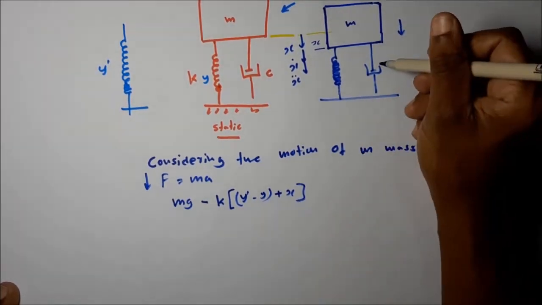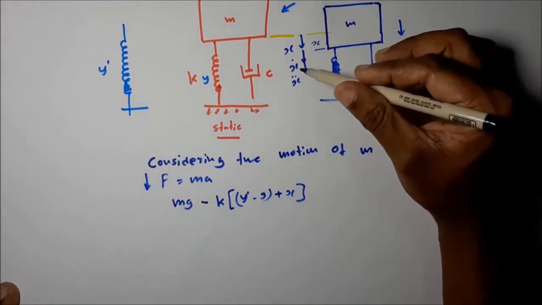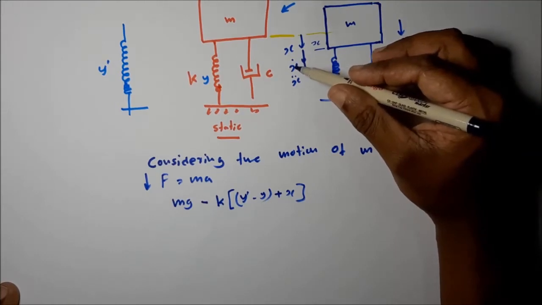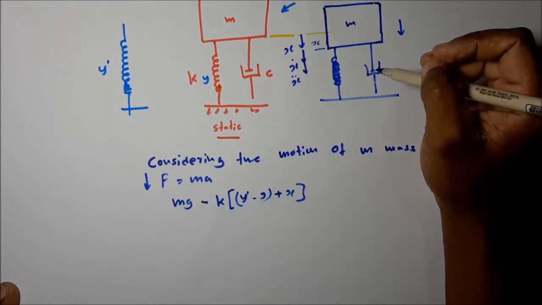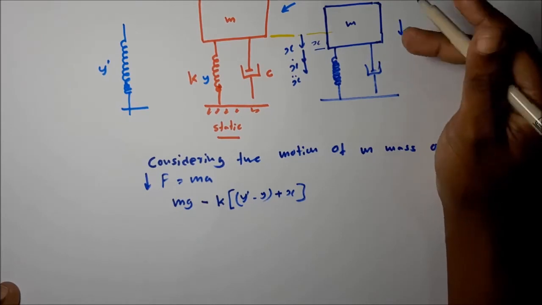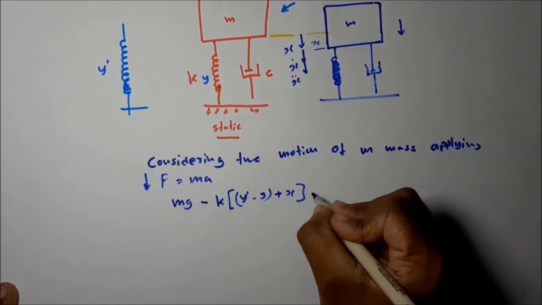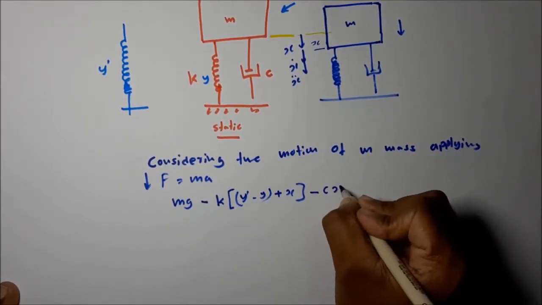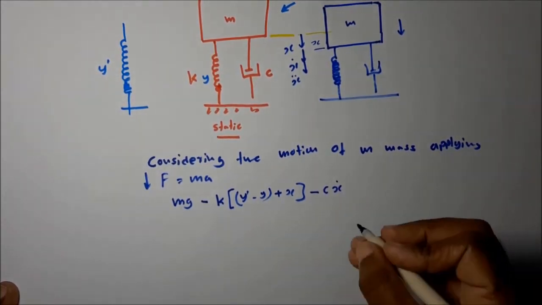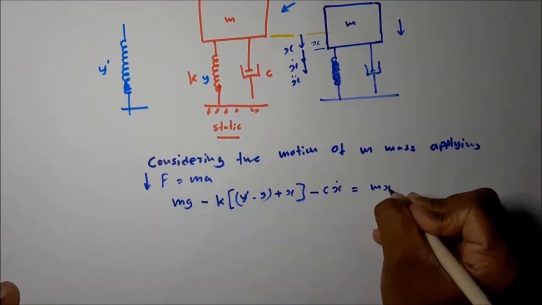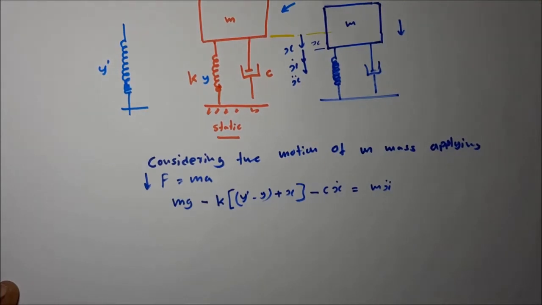Then when this is moving in the downward direction with the x dot velocity, the viscous friction force generated by the dashpot is c x dot. This is equal to m x double dot, F equals ma.